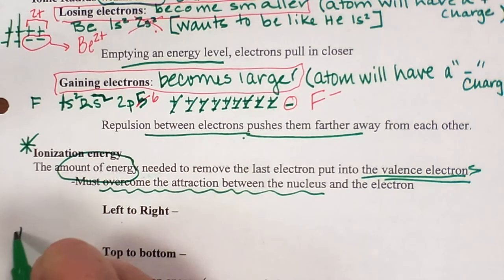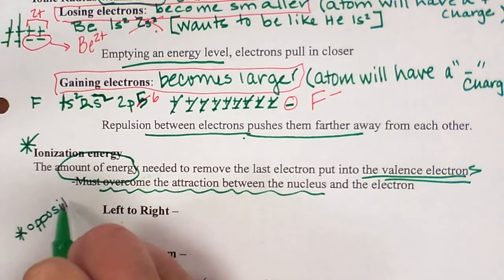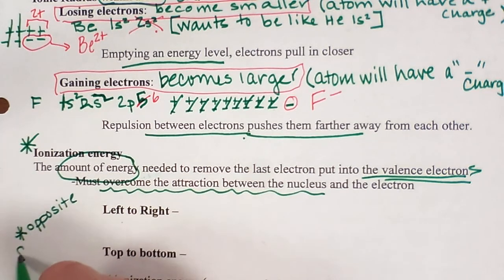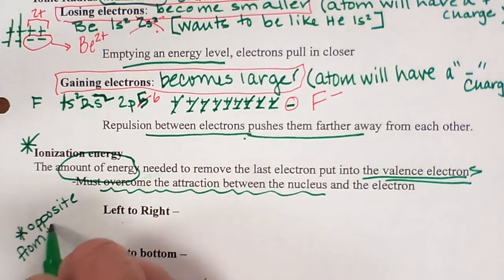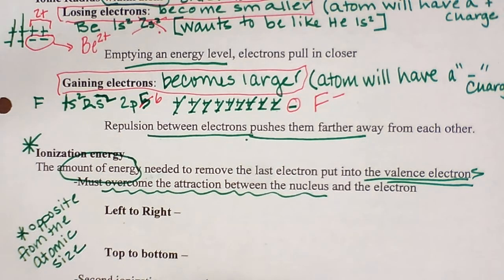So this is opposite from the atomic size. As the element gets larger, the ionization energy gets smaller, and as the element gets smaller, the ionization gets larger.